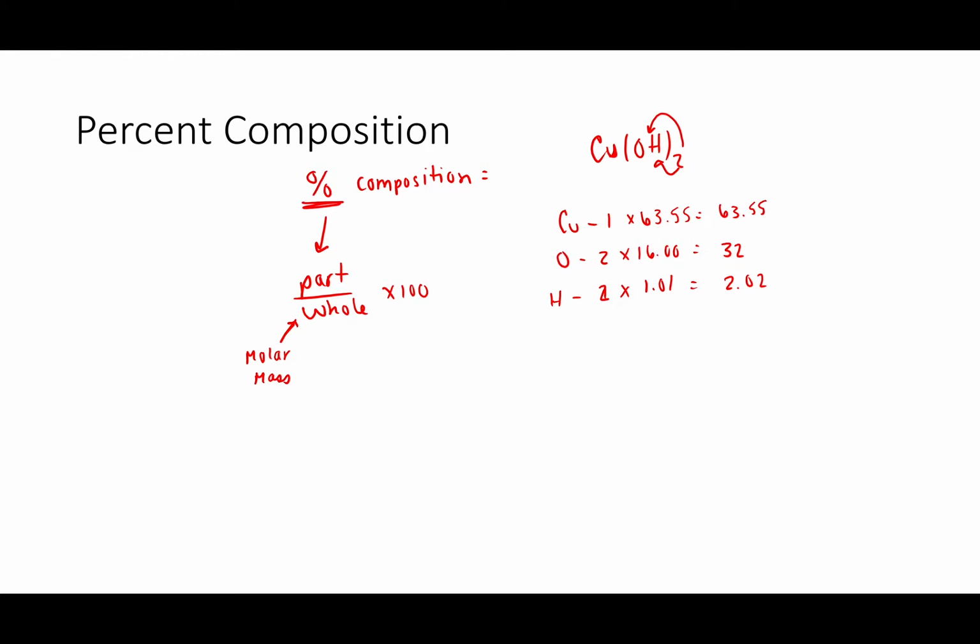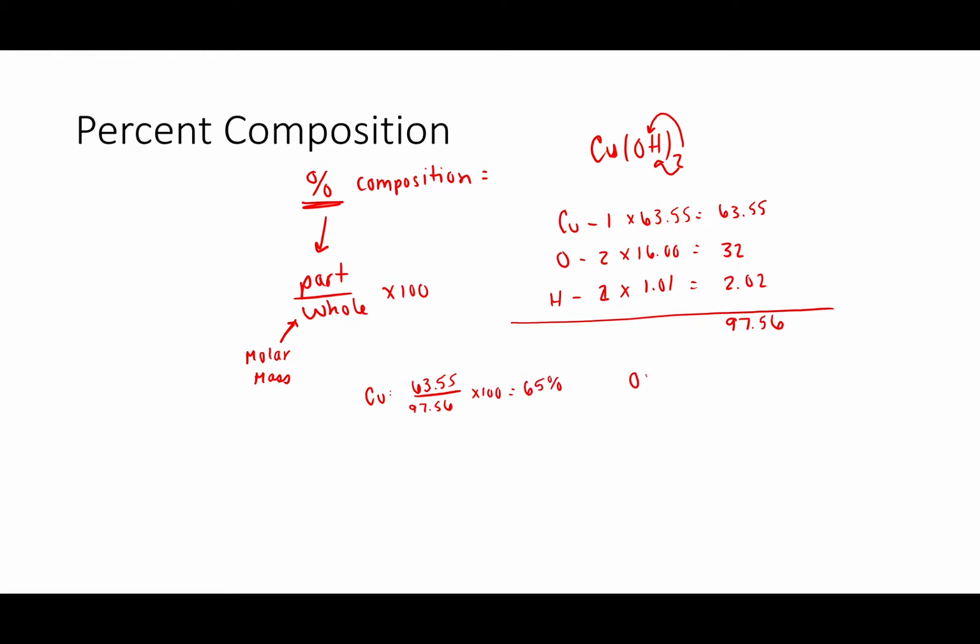Okay? So again, all of this step that I have done, you're able to follow along with it from page 1. So that helps me find my molar mass, which is 97.56. So in order to find the percent composition, all we're going to do is divide part over whole times 100. So my part for copper is going to be 63.55 divided by the whole, which is 97.56, times 100, and that gives me 65%.